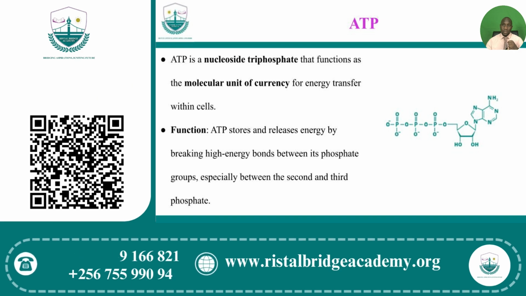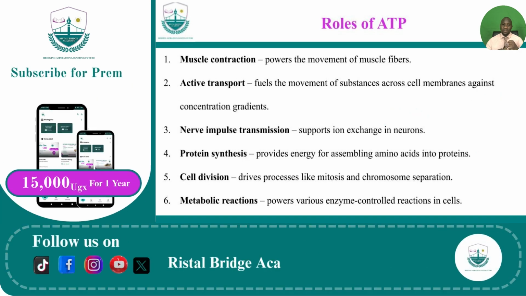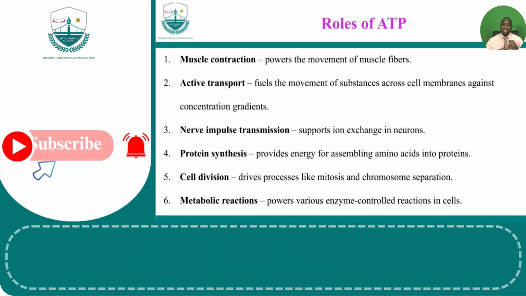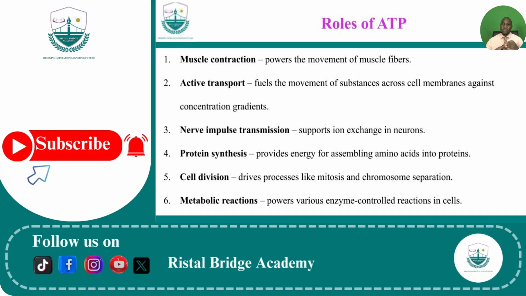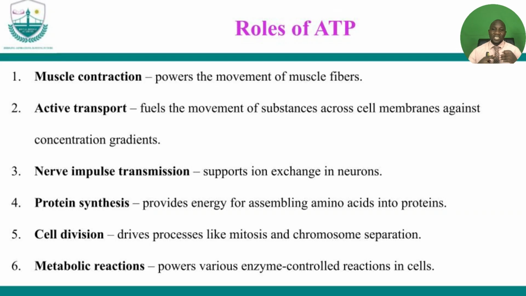Other functions include transport of ions and minerals, impulse transmission, transport of organic compounds such as glucose, and synthesis of important molecules that are needed by the body. So that is the ATP that we want. It is the energy currency that we want.